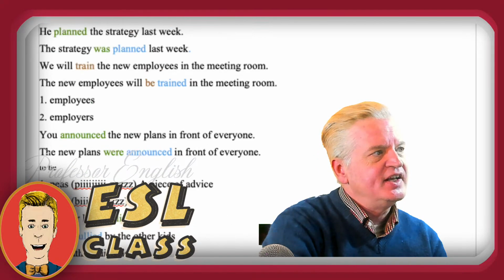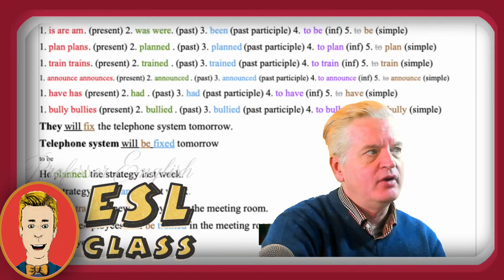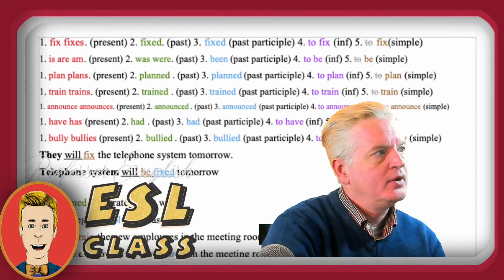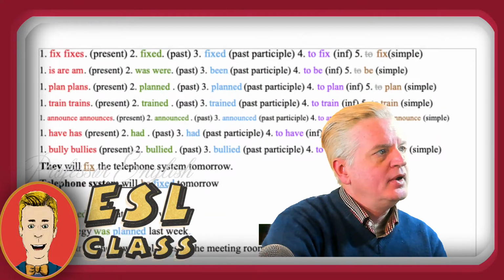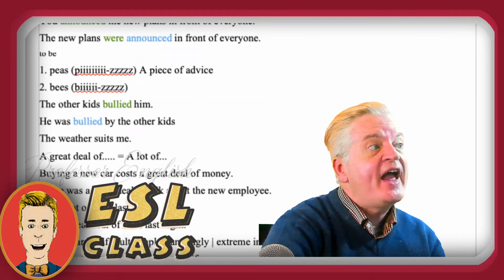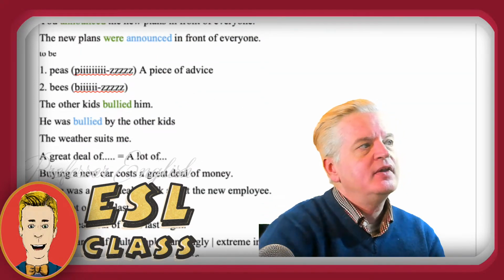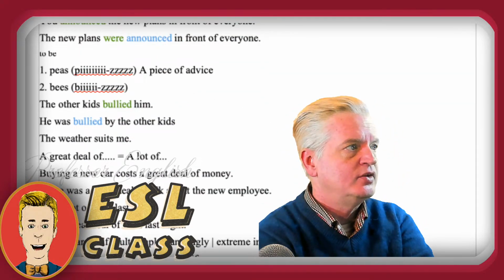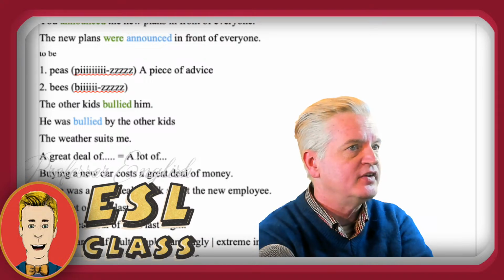What is the green form of the verb to be? It's was or were. And we have the new plans, so let's say were. The new plans were announced. The new plans were announced in front of everyone.